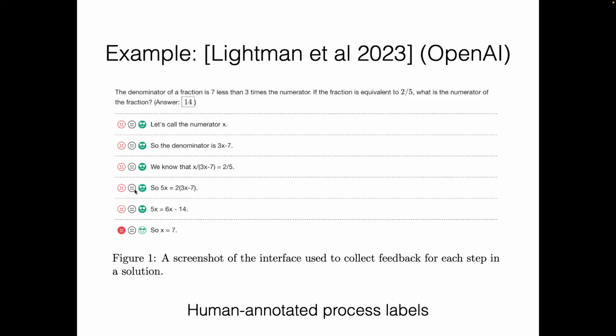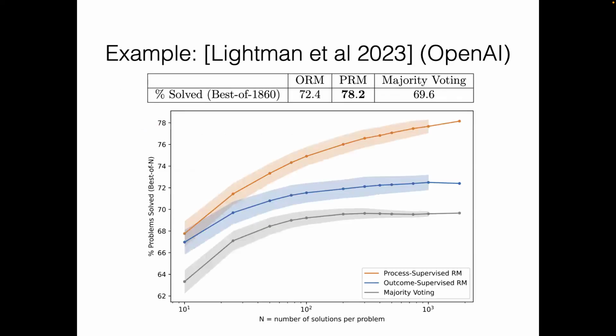Now they could have a model that tries to predict, given the steps so far, is the solution so far correct or incorrect? Maybe I should have put one more piece of explanation here. If you train a model that gives some score of whether each step is correct or incorrect, the question is how you use that to choose a full solution.